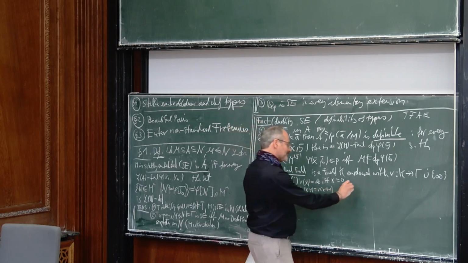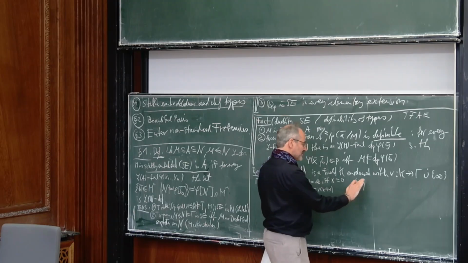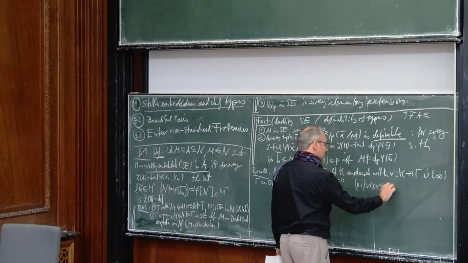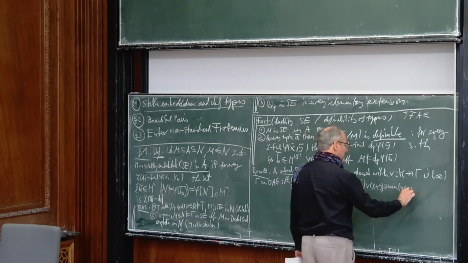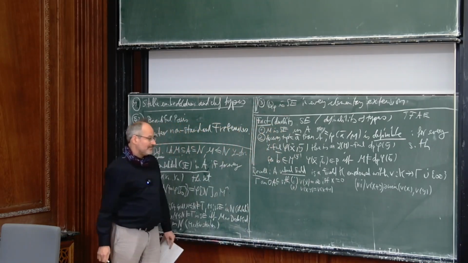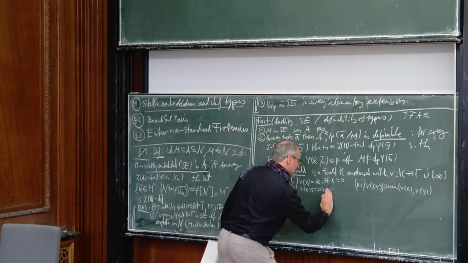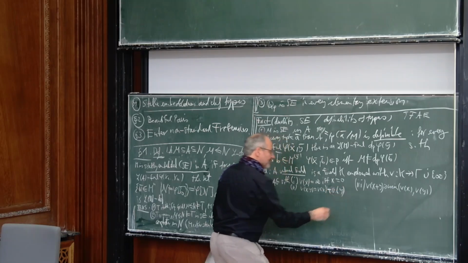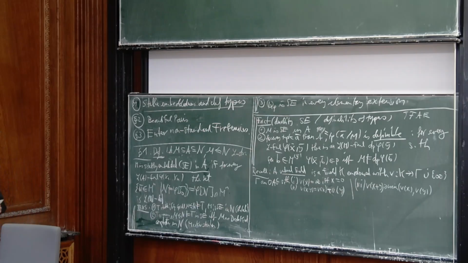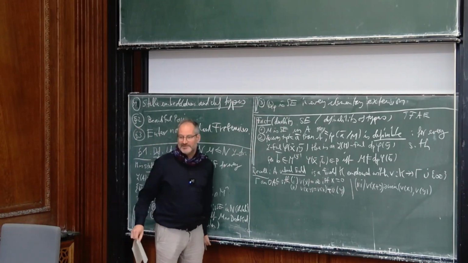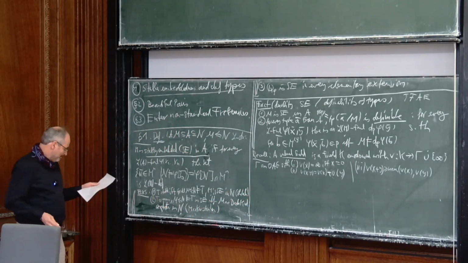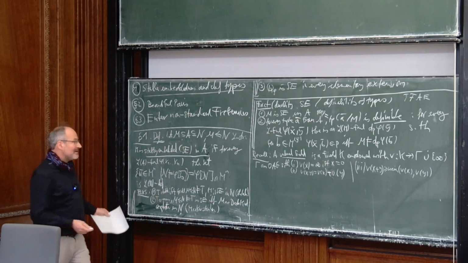And finally, you have a strong triangular inequality. The valuation of the sum is bigger or equal to the minimum of the valuation of x and the valuation of y. Yes? Sorry? Plus, yeah. Thank you. Okay, so these are the axioms of a valuation. For example, the p-adic valuation on the rationals, or the t-adic valuation on rational function fields, and so on. So now, some objects are here.